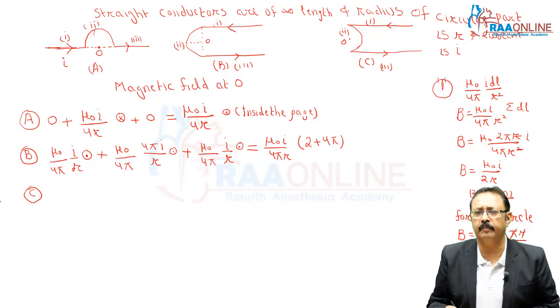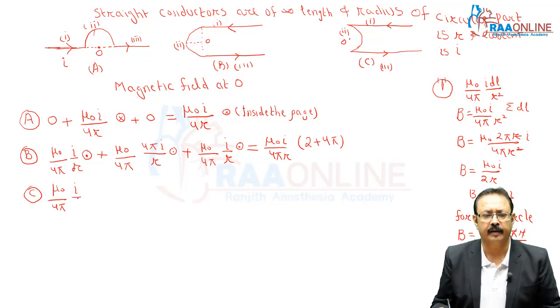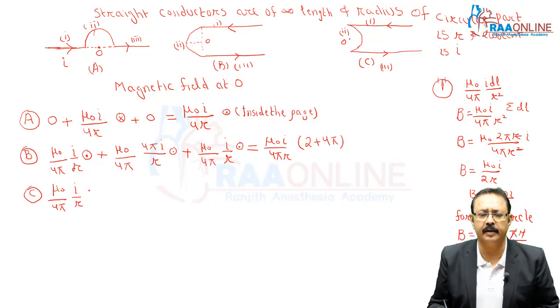The first portion is like the one which was there, so same, mu naught upon 4 pi I by R, and it is again outside the page.